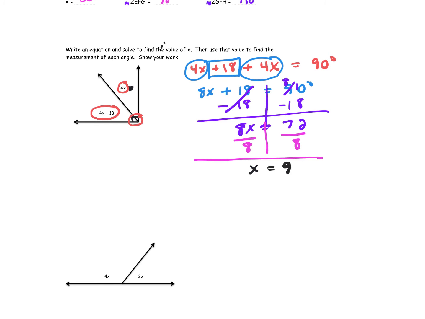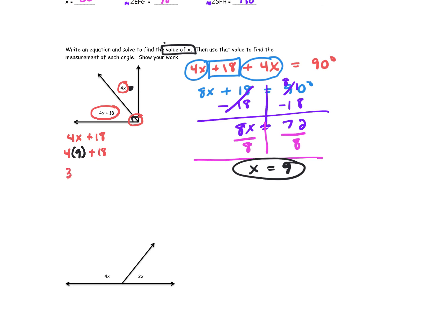So we did the first thing they asked. We found the value of x. We know that x equals 9. And we're now going to use that to find our answer for each angle. So angle number 1 said 4x plus 18. So we're going to put 4 times our value of x, which is 9, and add 18.